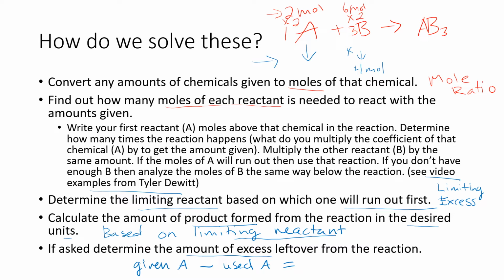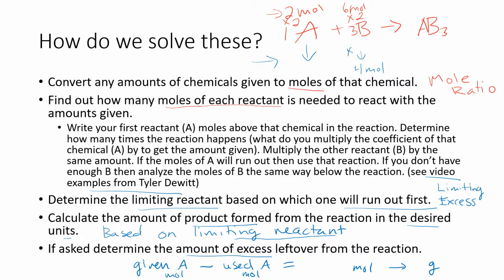Now, we need these units to match. So if we do it in moles, we need moles on both of them, or we need grams on both of them. Either way, we need to make sure that whatever we're subtracting are in the same unit, same chemical, and then make sure it gets to whatever units the question asks for. So say we subtract and we get moles, but it asks for grams, then we might need to convert this to grams.